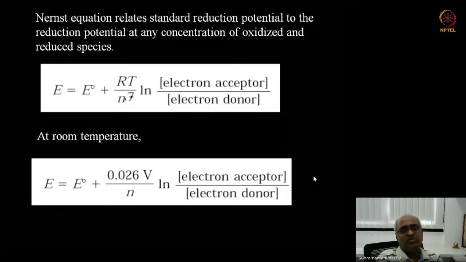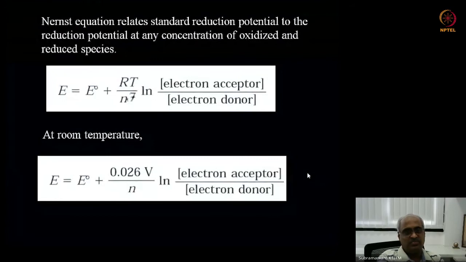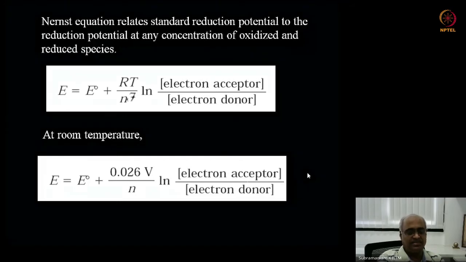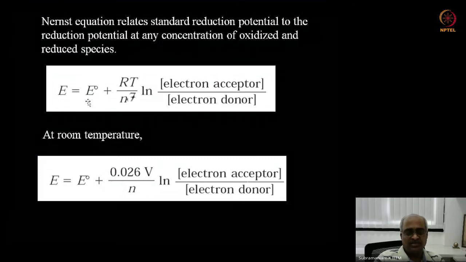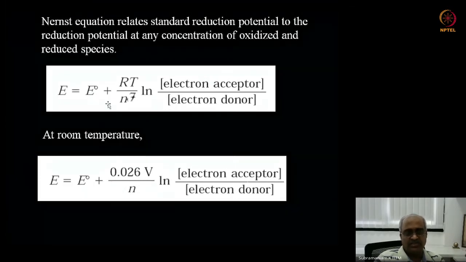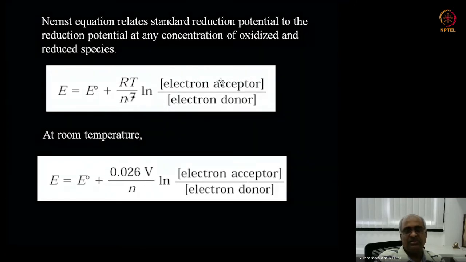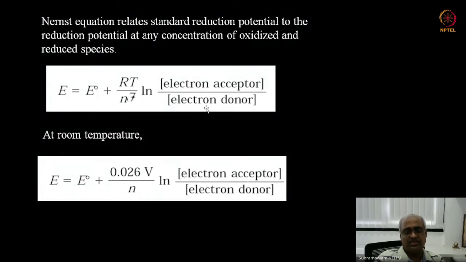How do I calculate the reduction potential at a given concentration? I only understand concentrations. That is given by the Nernst equation: reduction potential equals standard reduction potential of that particular pair, then this relationship, natural logarithm of electron acceptor by electron donor.